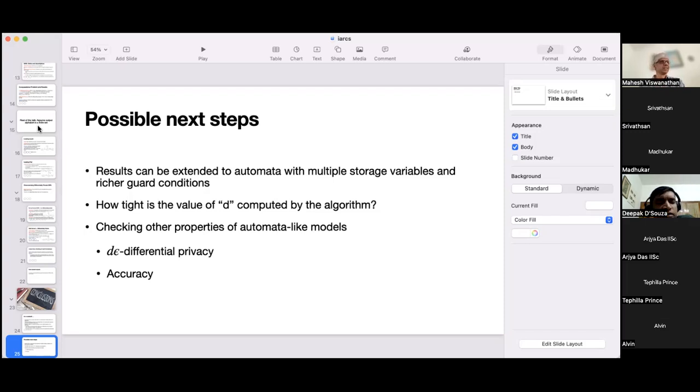Okay, and my second question is similar to what Srivatsan asked. What use is this automata model of these algorithms? I mean, typically the first time I heard of differential privacy was in the context of, you have a database and you make a query and you don't want to leak some information from that, like, as you say, whether one of those guys smokes or not, a person in the database.